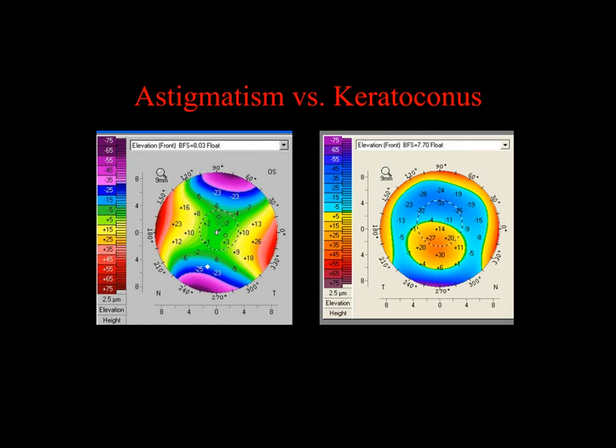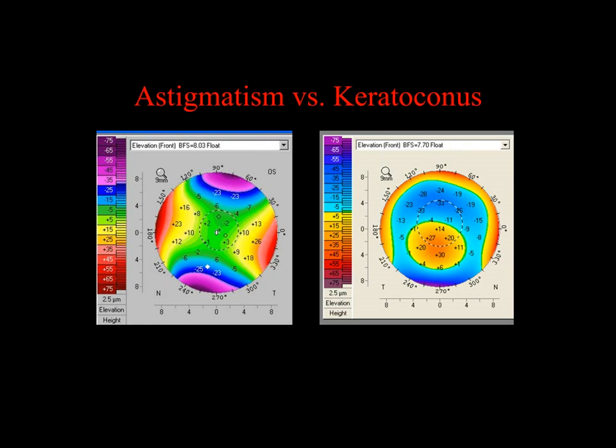Now you'll see these numbers throughout. Again, 0 at the center, and it goes out to about 26 at about a 3 o'clock position. Those numbers represent the separation of that meridian from the best fit sphere. The numbers themselves only tell you two things: how much astigmatism is present and how far you are from the apex.